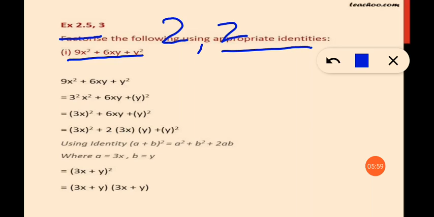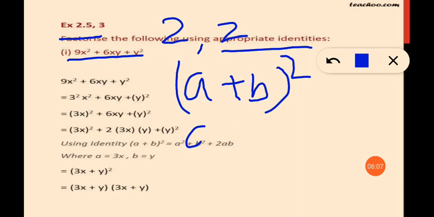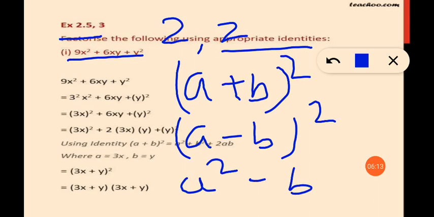So how many formulas are left with degree 2 and 2 variables? 3 formulas: (a + b)², (a − b)², and a² − b². These are the 3 formulas having degree 2 and 2 variables. Now in the question, what are the signs between the terms?